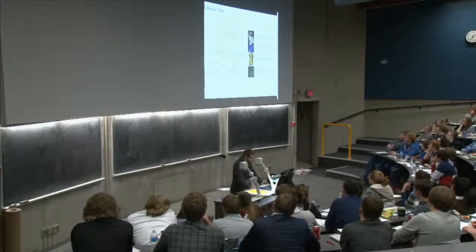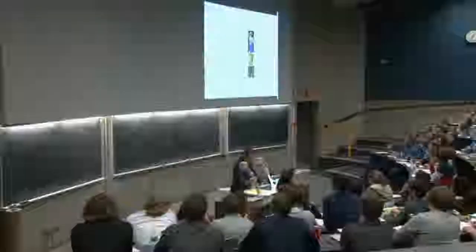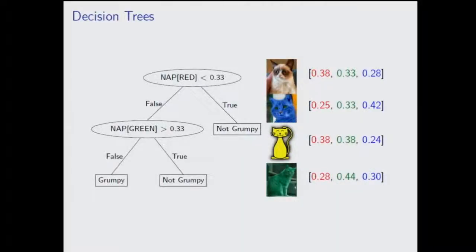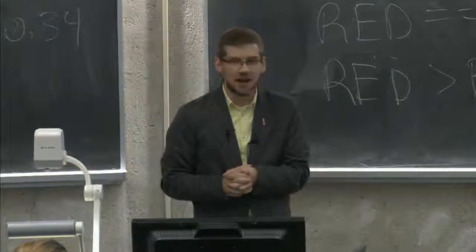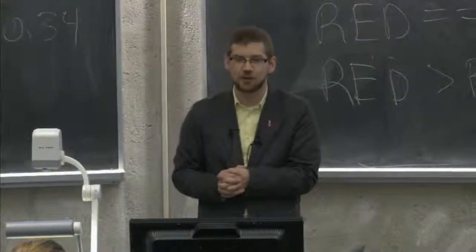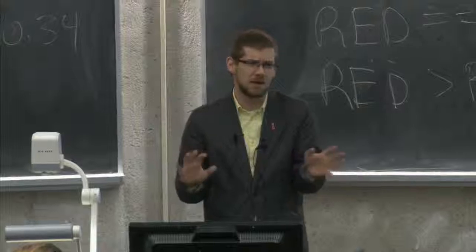So the first question is about red. Is it less than 0.33? This new dude's red is only 0.28, so that's true. So this tree says he's not grumpy. Maybe he is. I don't know this cat, right? So this tree has made a decision about any image that you could ever possibly give it. And it categorizes all possible images into grumpy or not grumpy, which might or might not make sense, but there you go.